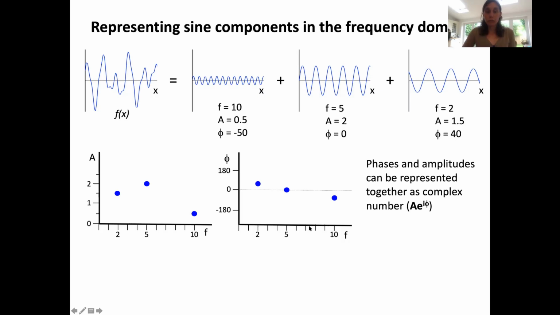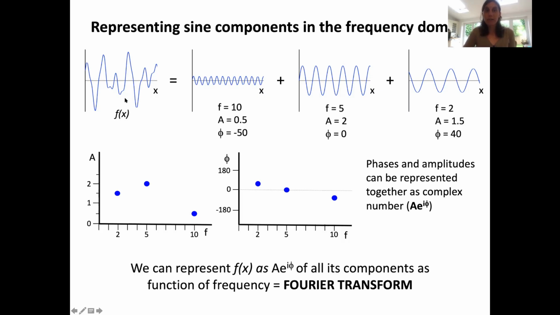So basically what we can do then is represent any function, okay, as this complex number as a function of the frequency of the sine components. And this representation is the Fourier transform of the function. Okay, so the Fourier transform is nothing else than the representation of the amplitude and phases of all the component frequencies of the function.